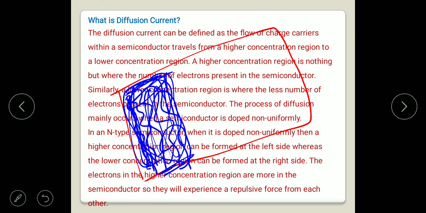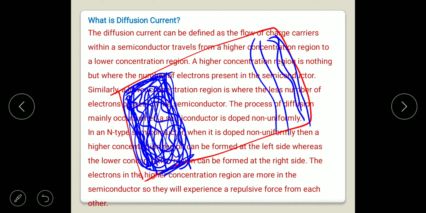This is called the higher concentration level, whereas the lower concentration level is like this. Only some electrons are present at the lower concentration, that is the right hand side. So the electron concentration is higher, because of that it experiences a repulsive force, and here a large number of electrons are gathered.